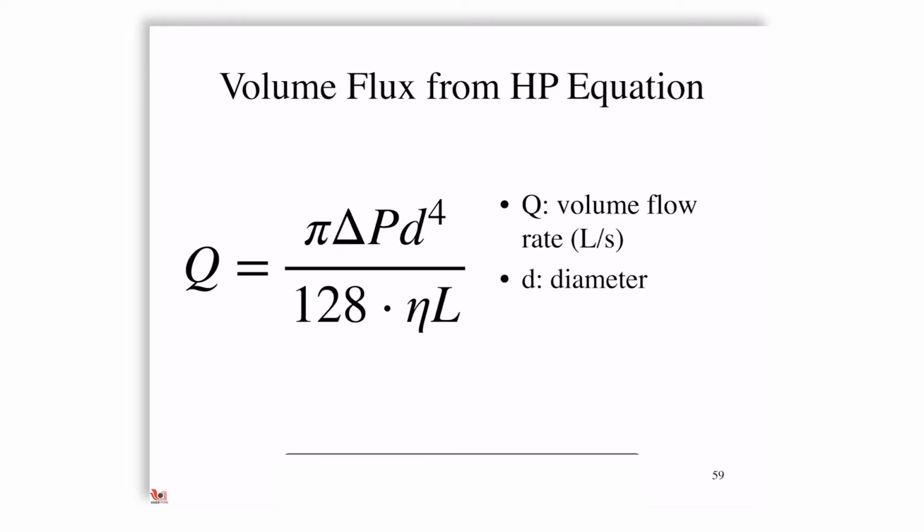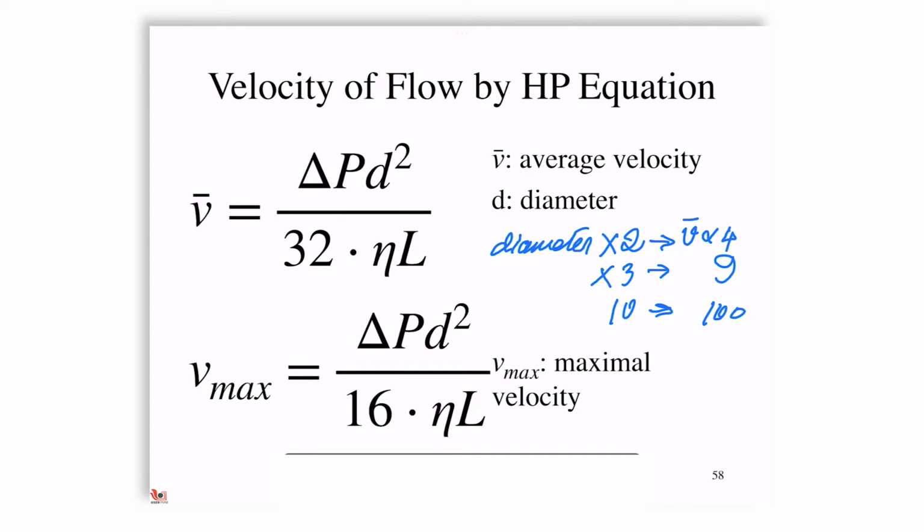I hope you notice this is due to the quadratic nature, or we call it the squared dependence of velocity on diameter. Incidentally, when we do such a thing, we assume that all other parameters are constant. Length is constant, eta is constant, and more importantly, the pressure drop is constant. If you increase the diameter, you have to make some effort to keep the pressure drop constant.